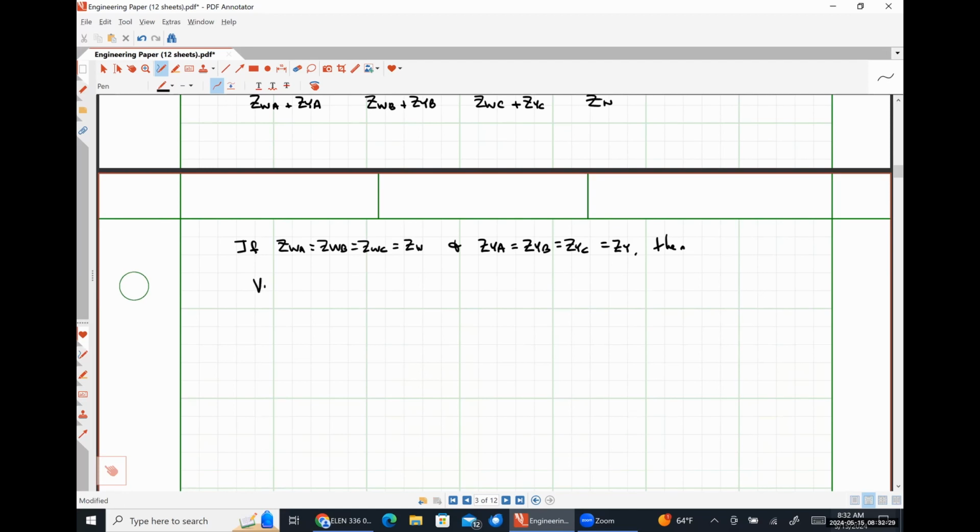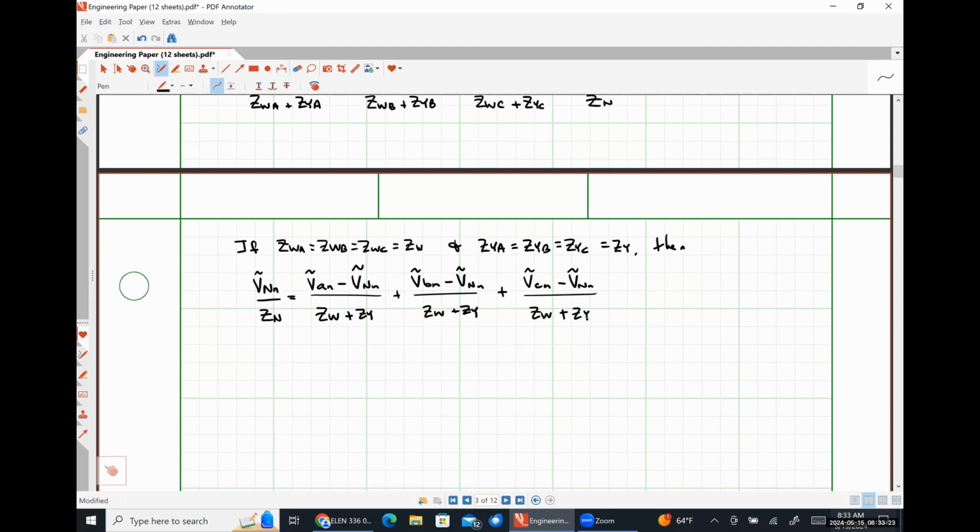And so what we should see is VNN divided by ZN is equal to VAN minus VNN over ZW plus ZY, plus VBN minus VNN over ZW plus ZY, plus VCN minus VNN over ZW plus ZY.